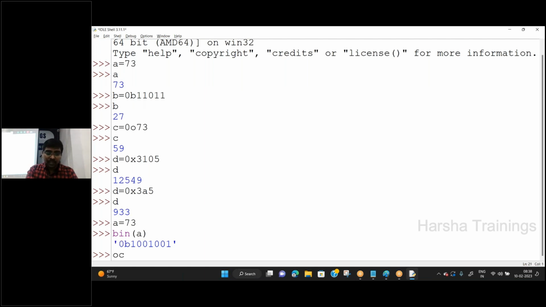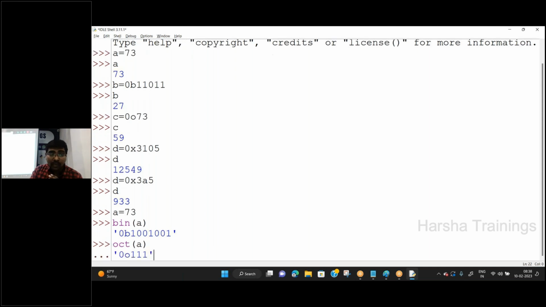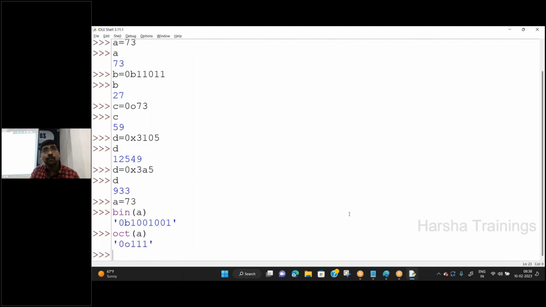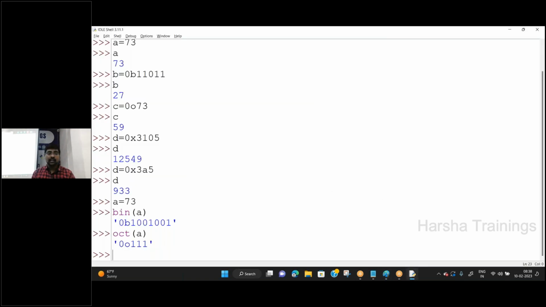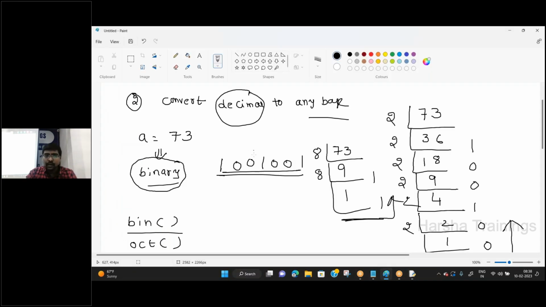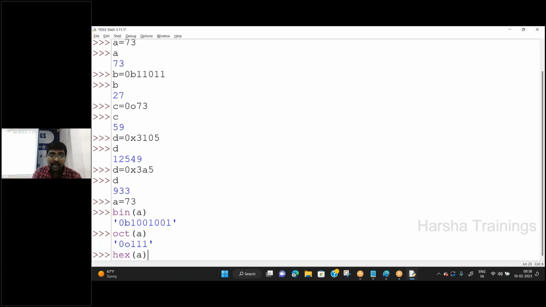Now perform the same thing: oct of A, converting the number A equal to 73 into octal format. Yes, we are getting the same output, 1, 1, 1. Now finally, hex of A. Hex means divide the number by 16. The same procedure. Whatever the remainders we get, write them down in the reverse fashion.